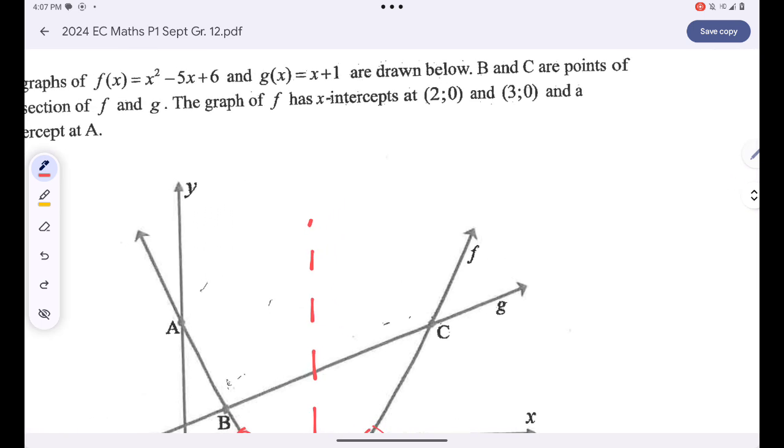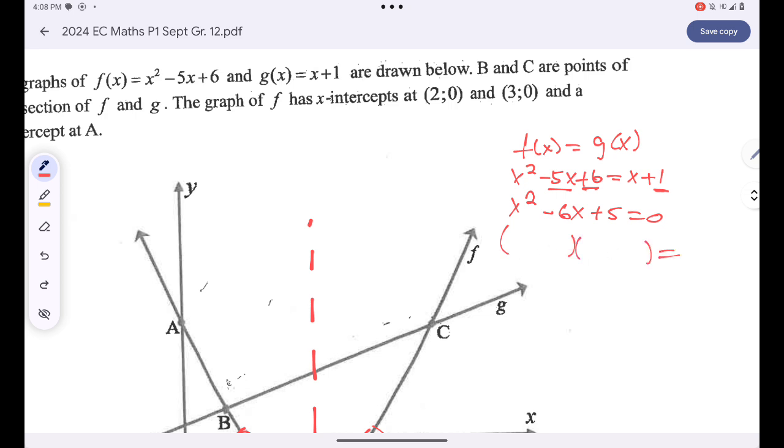So that simply means f(x) is equal to g(x), and hence I'll end up having x squared minus 5x plus 6 is equal to x plus 1. And then I'll have x squared minus 6x plus 5 equals 0.